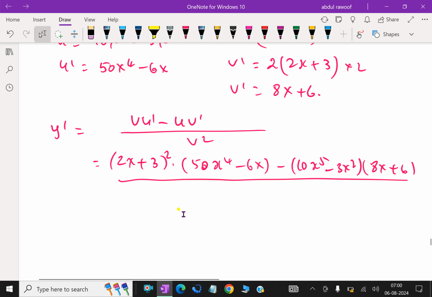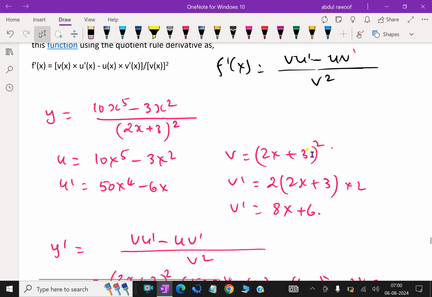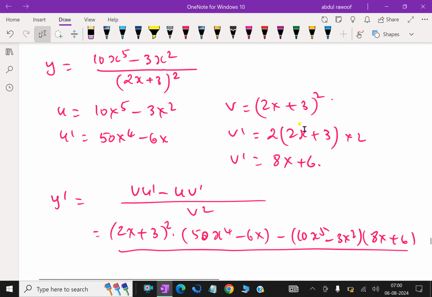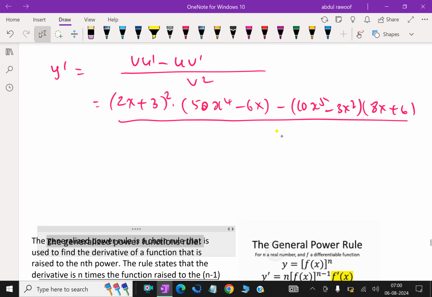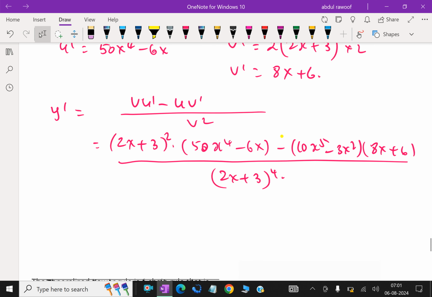V is already, we have this (2x plus 3) whole square, power 2 is (2x plus 3) whole power 4.